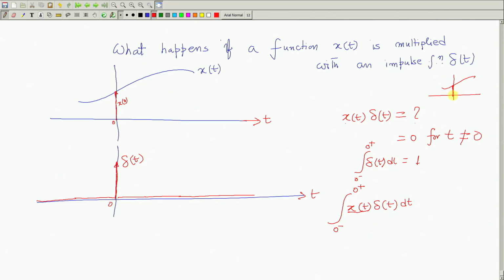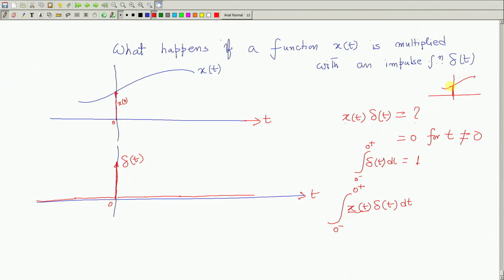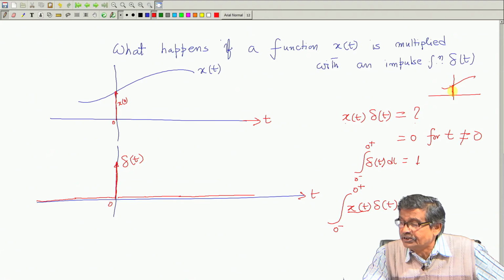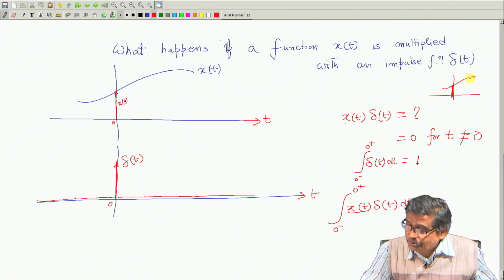If you know the equation of this curve and I ask you the value of the function at t equal to 0, no problem. You calculate the value at 0 minus, which is any very, very small number. Do you think the value of the function is going to change at 0 minus or 0 plus? No, it will be close to x(0).